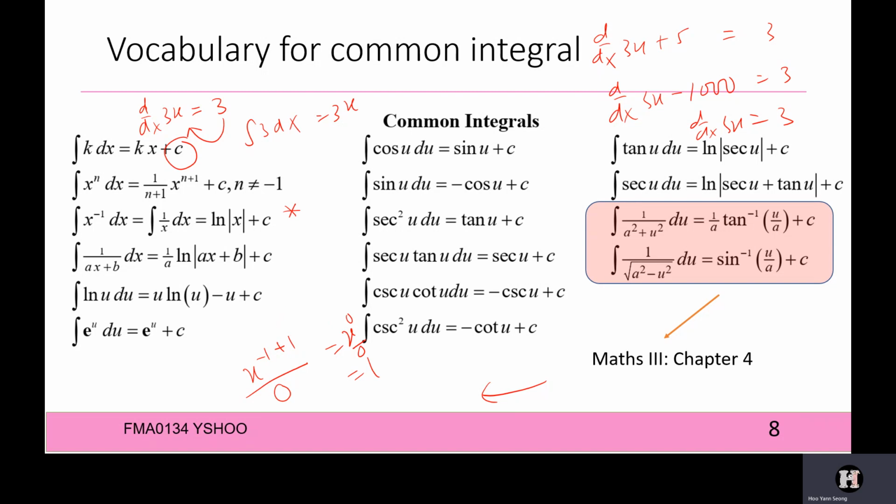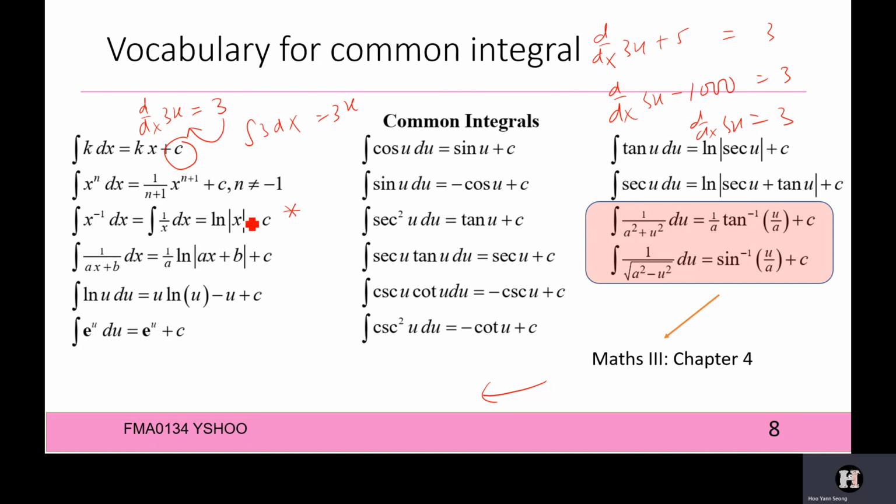So from there you already can know that this is not a power. You cannot integrate 1 over x using the power rule. So look at the vocabulary you have: it becomes ln absolute x. Why is there an absolute value over here?